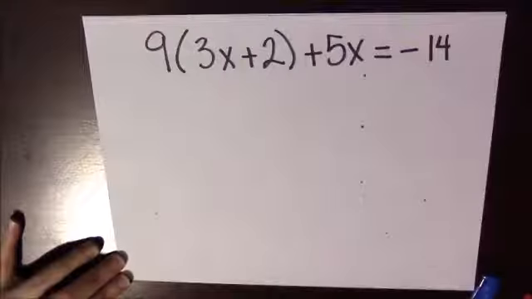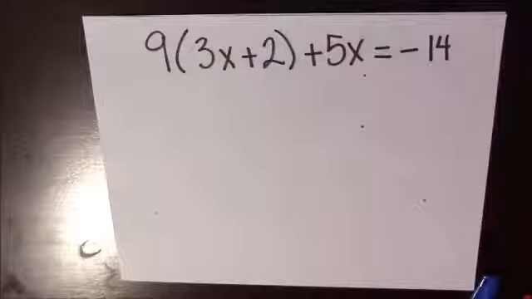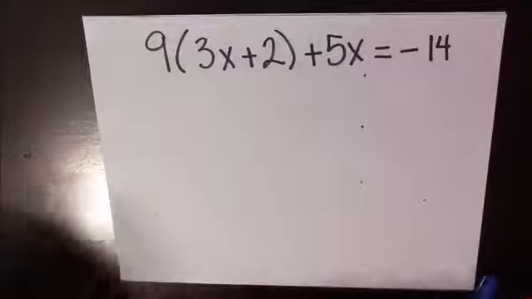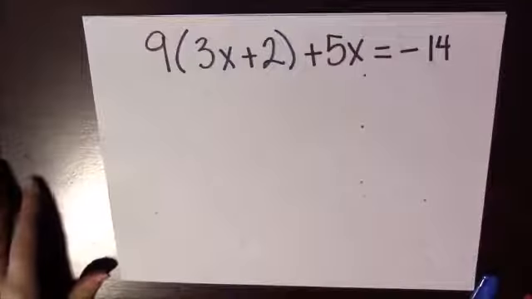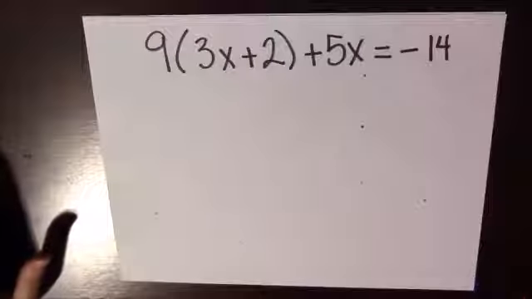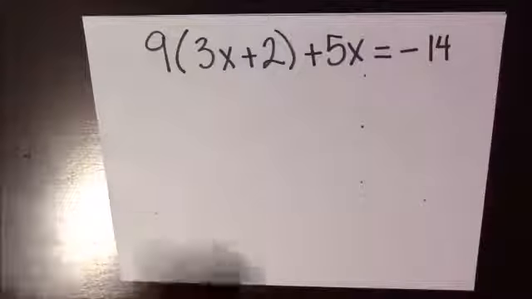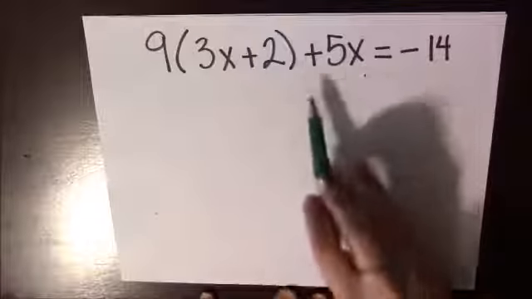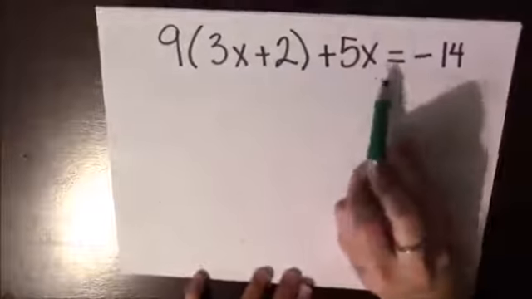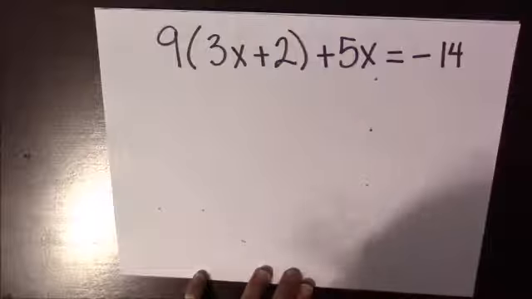This one, if you notice, we have distributive property. We went over distributive property when we were talking about multi-step equations, so you should already know how to do this. So we're going to just dive right into it. Here I have 9 times the quantity 3 times x plus 2, end quantity, plus 5 times x equals negative 14.